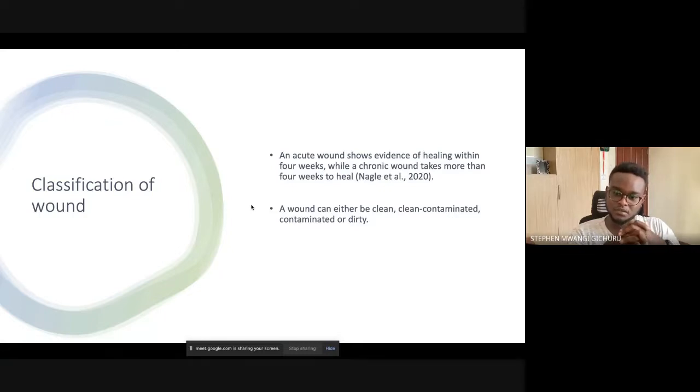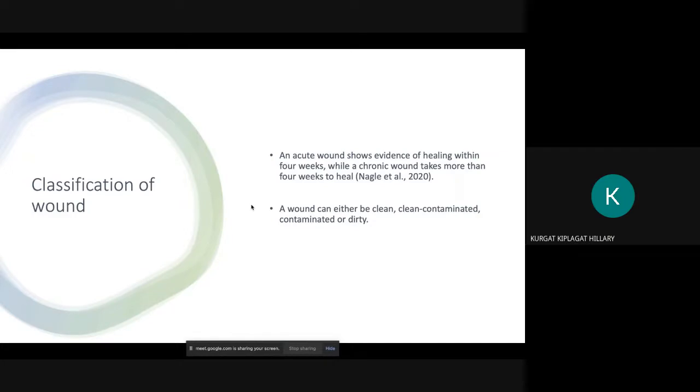What is a clean wound? What is a clean contaminated wound? What is a contaminated wound? What is a dirty wound? Hillary? So I think when you have a clean wound, it means it's made under sterile conditions, where no organisms are present and the skin is likely to heal without any complication.